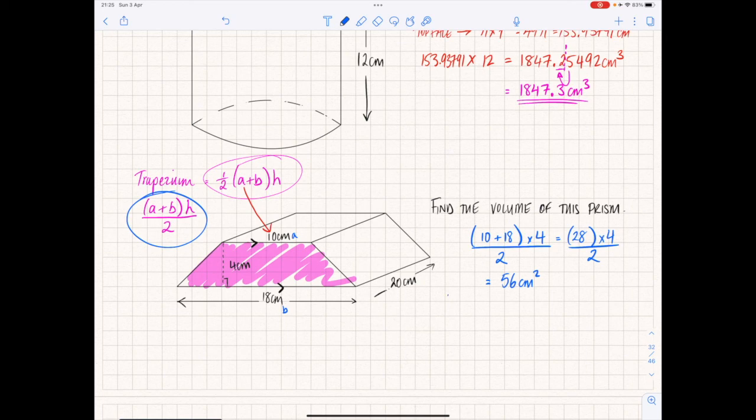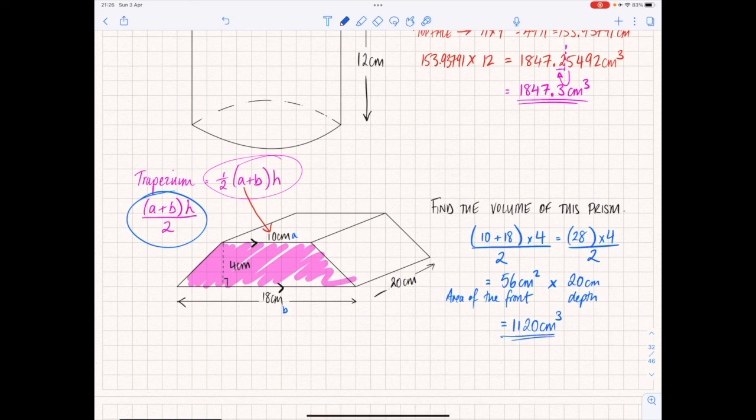So that, remember, that is the area of the front. So the area of the front, and then now we need to times that by the depth. In this case, the depth is 20. So your depth is 20. So you're doing 56 times by 20, and you get an answer of 1,120 centimetres cubed, and that is your volume.